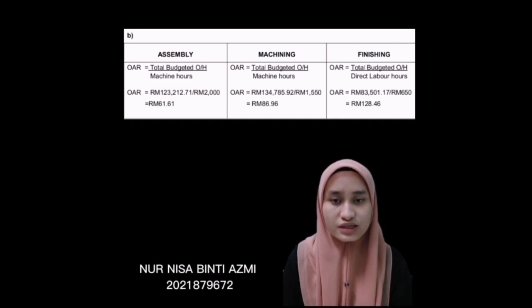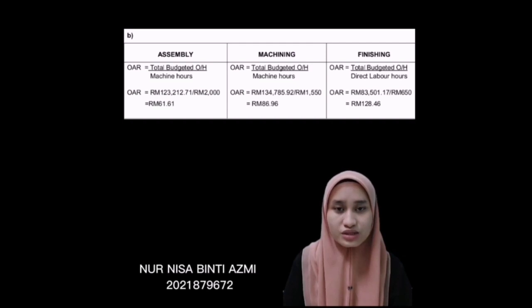123,212.71 ringgit divide 2,000. The result is 61.61 ringgit. For the calculation for the machining, it is 134,785.92 ringgit divide 1,550. The result is 86.96 ringgit.